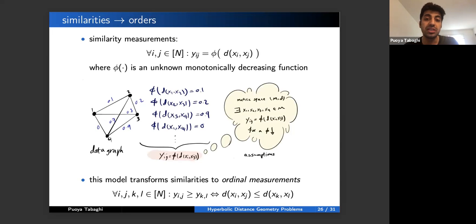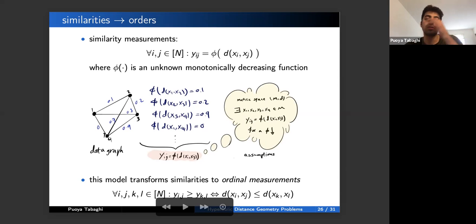So for similarity measurements, we have this assumption, which, depending on who you ask, is either simple or very strong. And that is that the similarity measurement Yij between two points i and j is just a non-linear function of the distance between xi and xj, the embedded points. And this phi is monotonically decreasing. So if they are closer, they are more similar. If they are farther away, they are less similar.